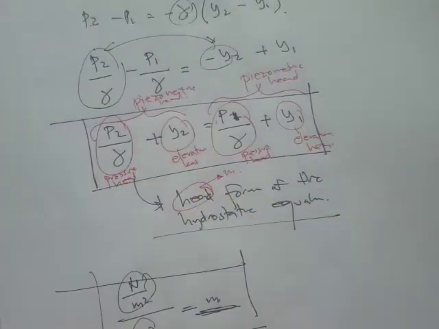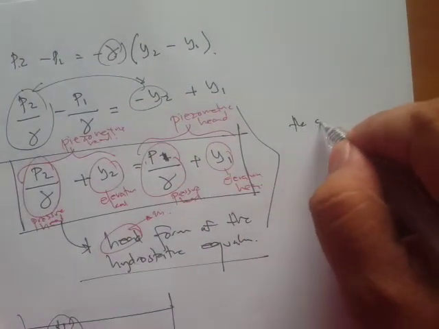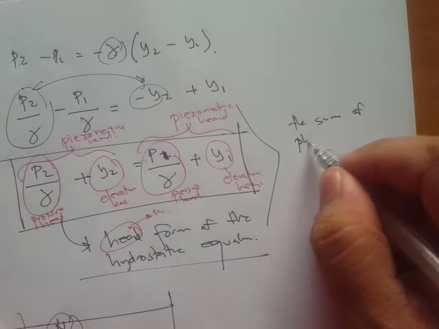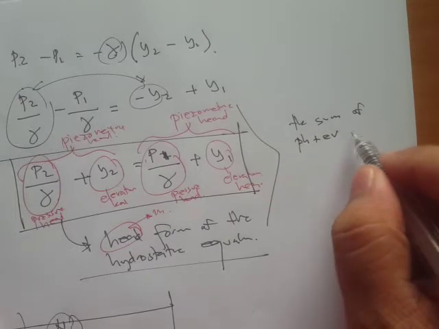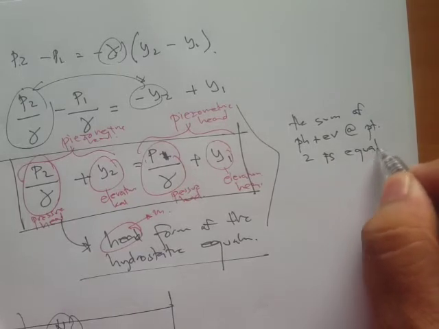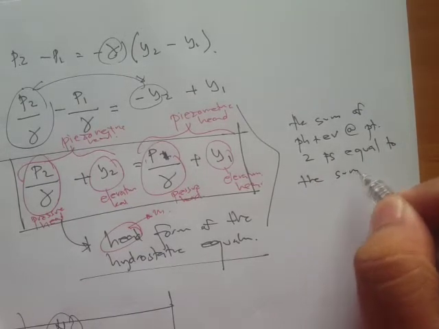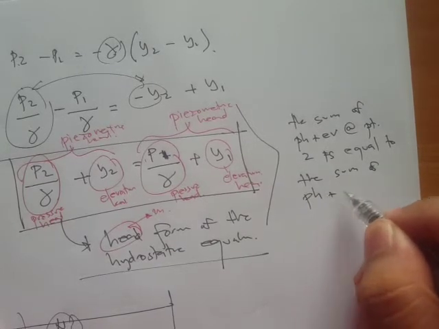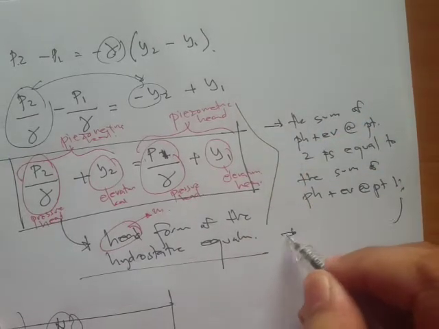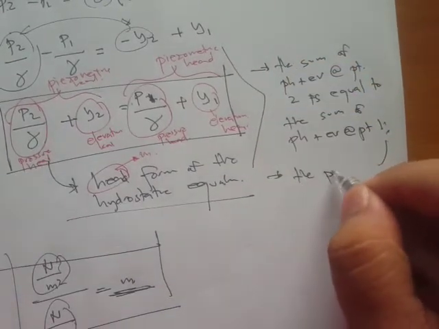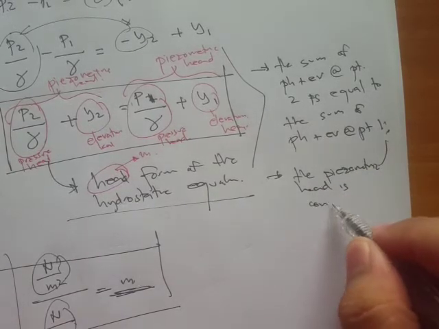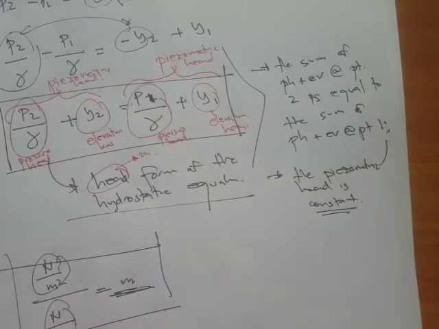So it says here that the sum of pressure head plus elevation head at point 2 is equal to the sum of the pressure head plus elevation head at point 1. So in other words, we can say that the piezometric head is constant.